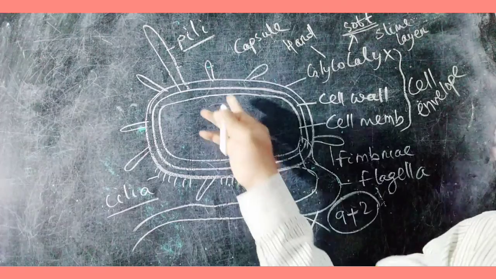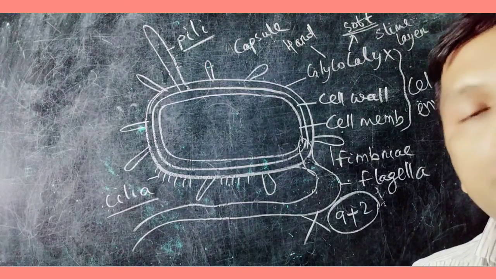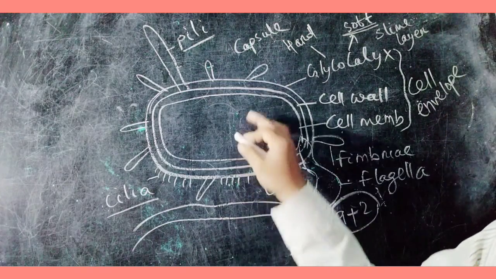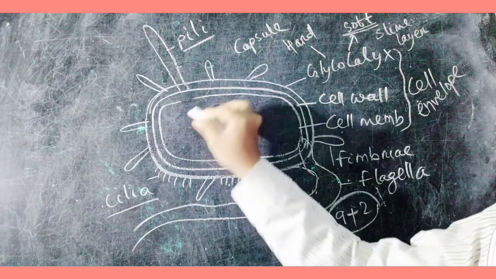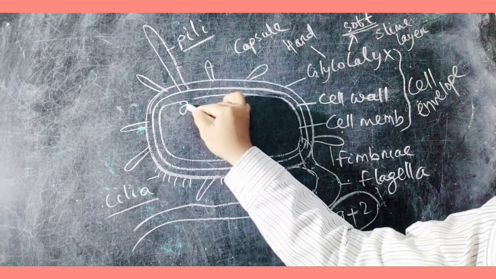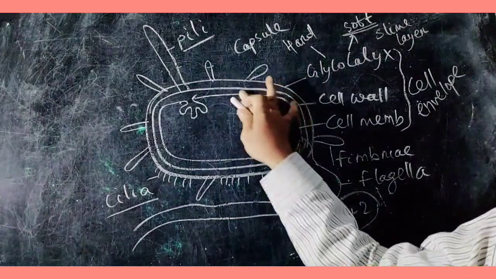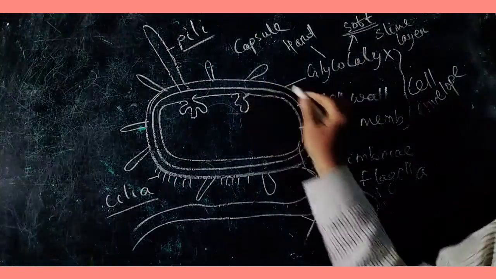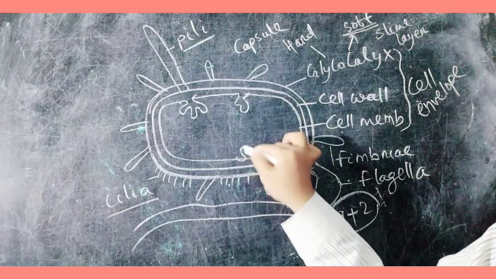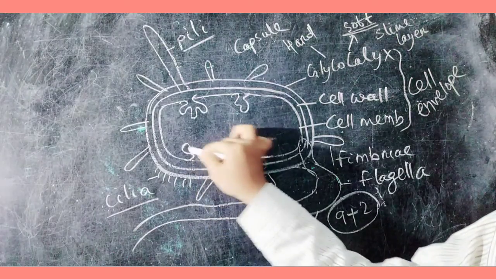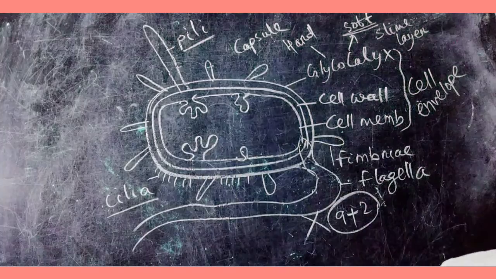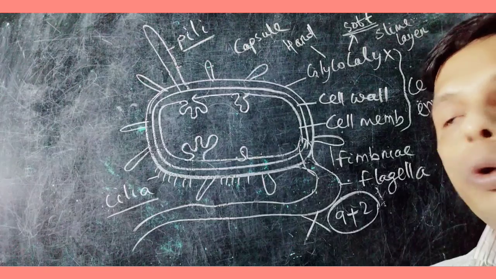Let's see about the modification of plasma membrane. The cell membrane or plasma membrane gets folded. In some places it has been folded enormously, producing small folds. What are these folds?